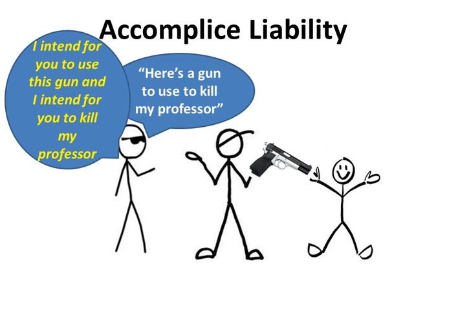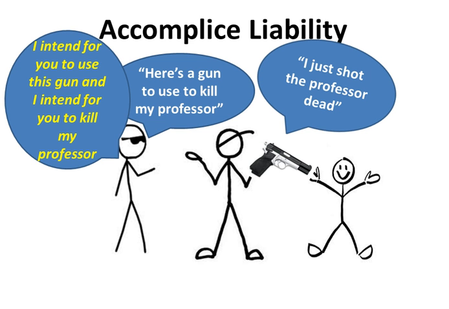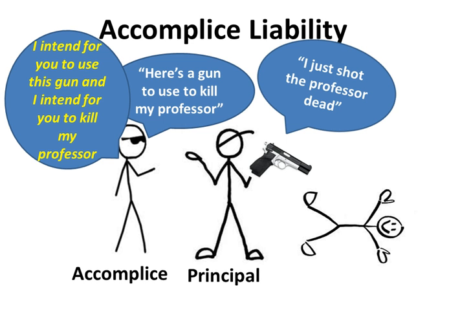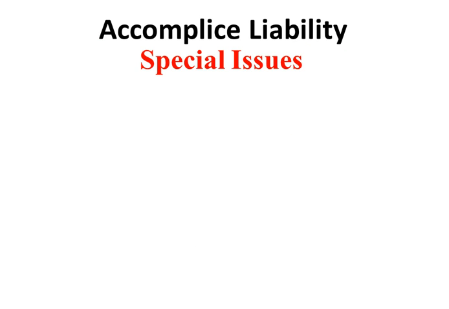The principal takes the gun, shoots, and indicates that they just shot the professor dead. So we have an accomplice now, and we have a principal. And both are guilty of murder. Under accomplice liability, the accomplice has the same guilt as a would-be principal.